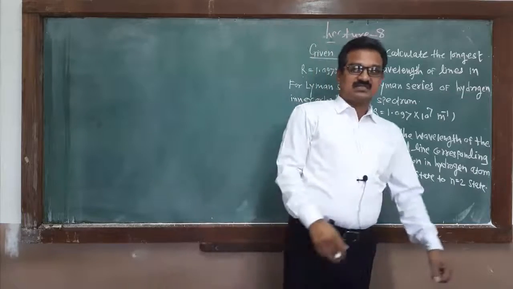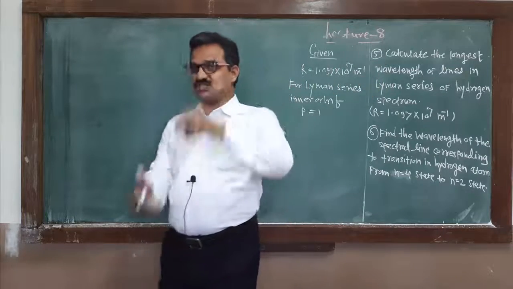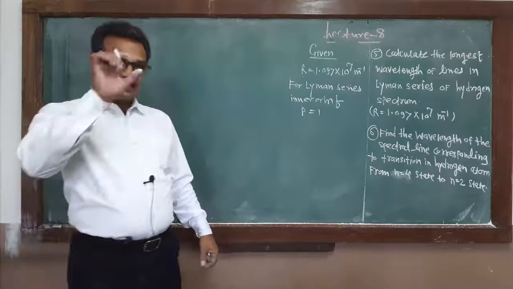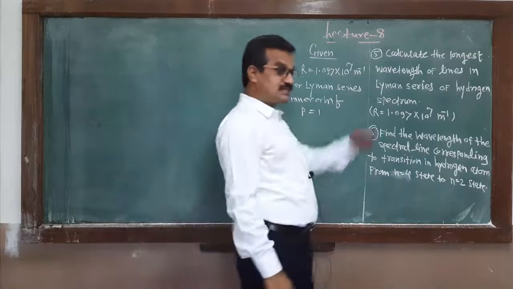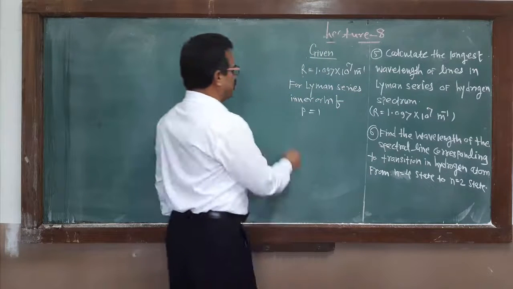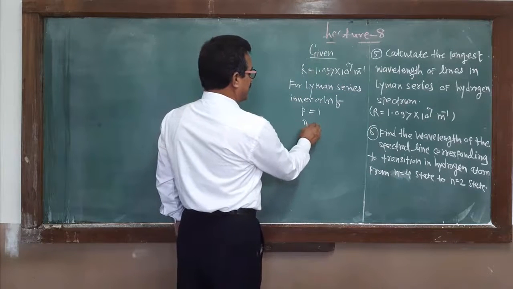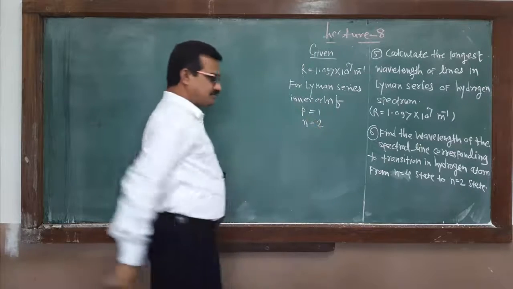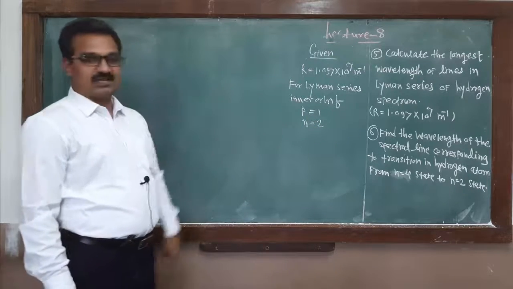Longest wavelength means the smallest transition. And the smallest transition takes place between the second orbit and the first orbit. Means for the longest wavelength, the value of n must be equal to 2. These things are given.